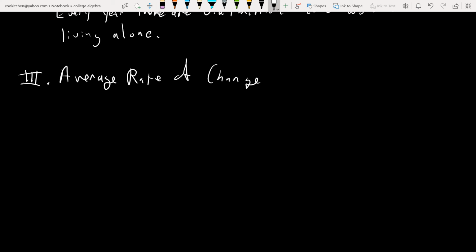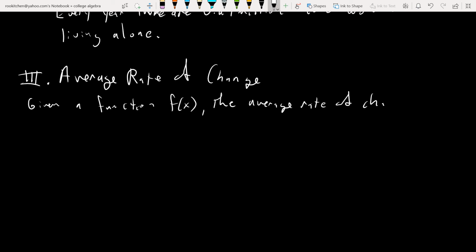Of a function in particular. So if you're given a function f of x, the average rate of change from, let's say, x1 to x2 is given by this kind of slope.